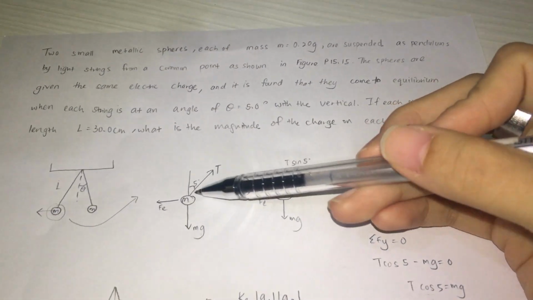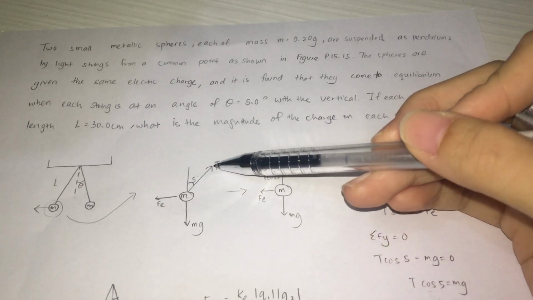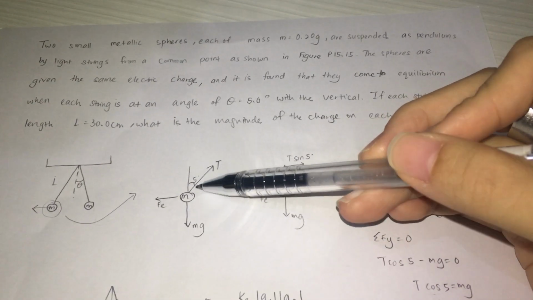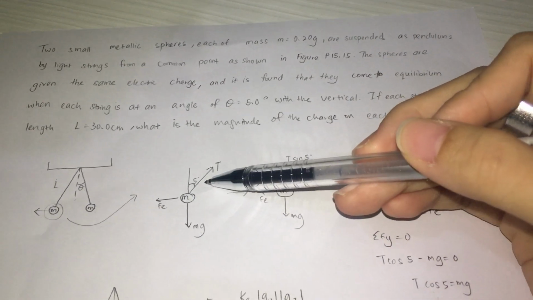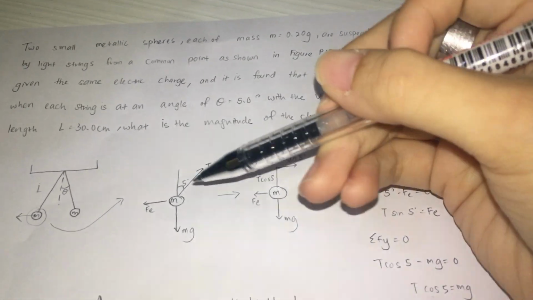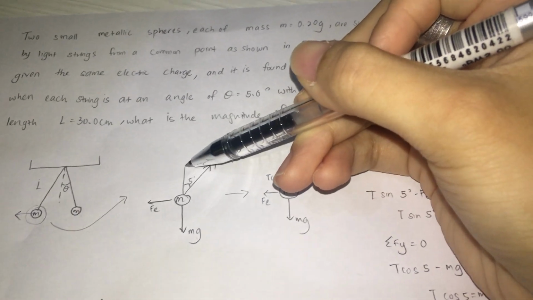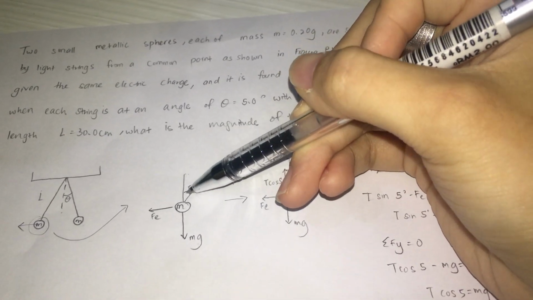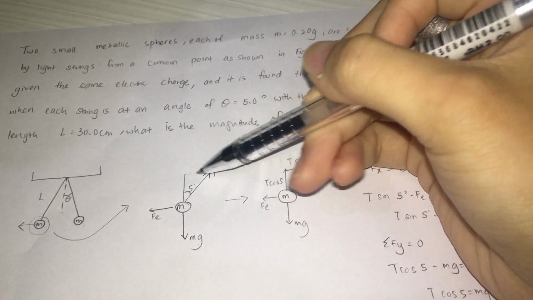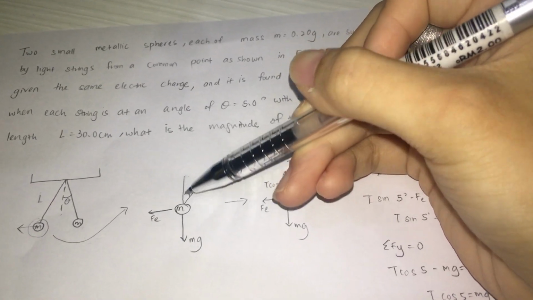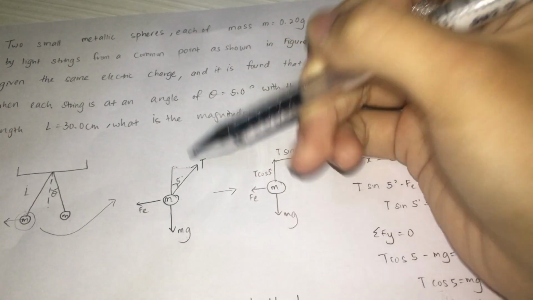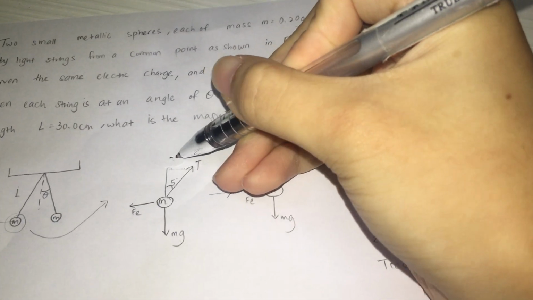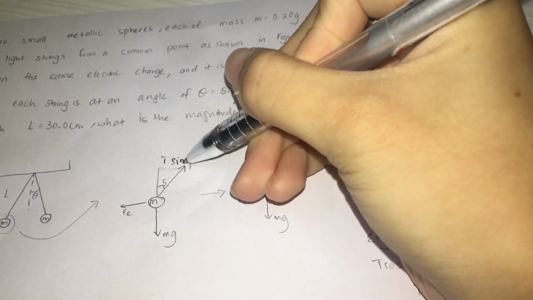Now, since the tension involves an angle, we can solve this by using trigonometry, by drawing arrows. Since the x component is opposite to the 5 degrees angle, we'll use T sine phi.